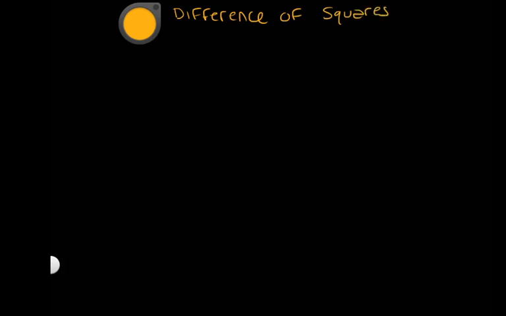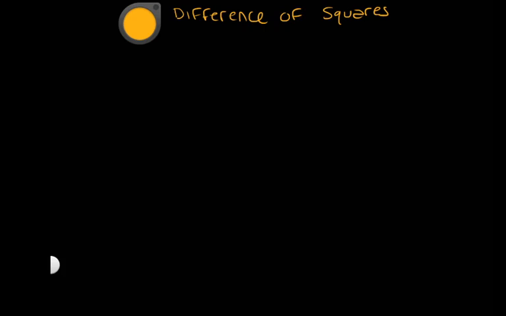So with a difference of squares, it's kind of like we are reversing the greatest common factor. I just looked at my notes here. No, we're reversing multiplying polynomials.